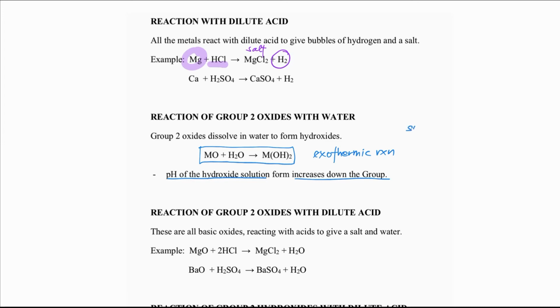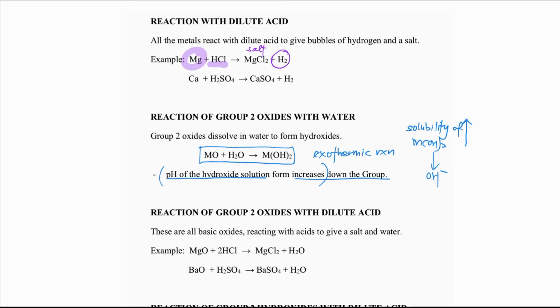It is also the same because the solubility of group 2 hydroxide increases down the group. They are producing more OH minus, which causes the pH of the solution to increase down the group.